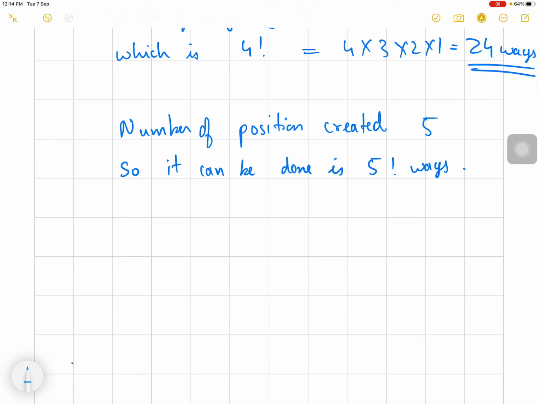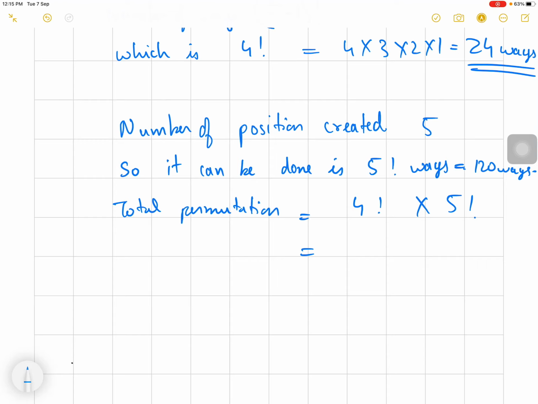So 5 factorial is 5 into 4 into 3 into 2 into 1, which comes to 120 ways. So the total permutation will be 4 factorial into 5 factorial. 4 factorial for boys, 5 factorial for girls, because we are making the boys sit first in a circular arrangement.